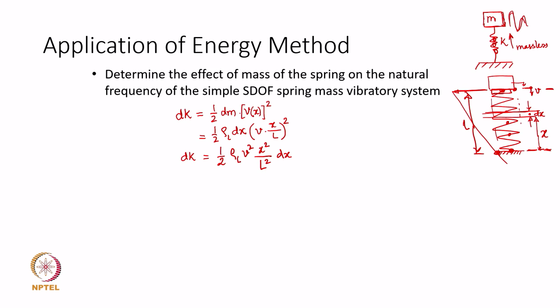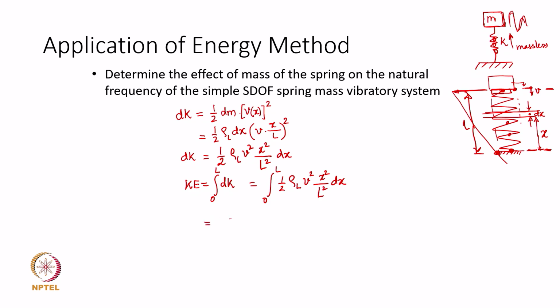So, if I want to know the total kinetic energy of the system, if I call this Ke, we will have to integrate this dK for the entire length of the spring, which is going to be from 0 to L of half rho L V squared x squared by L squared dx.